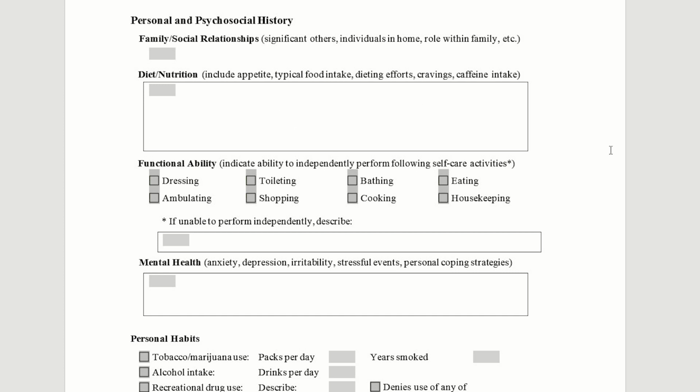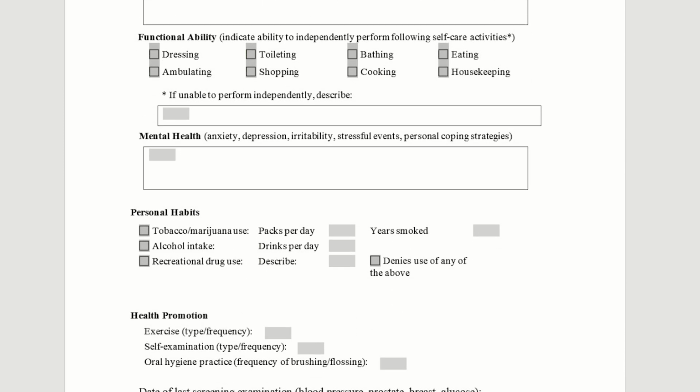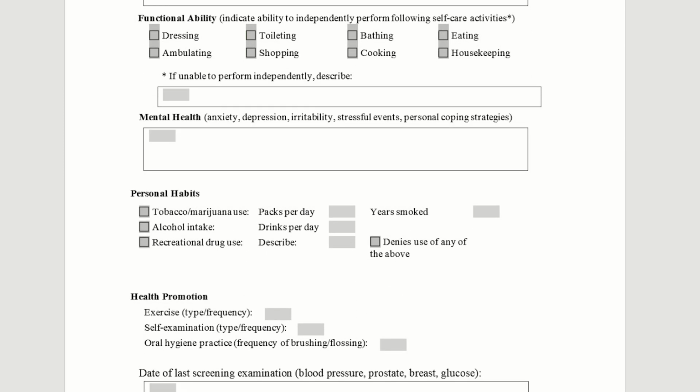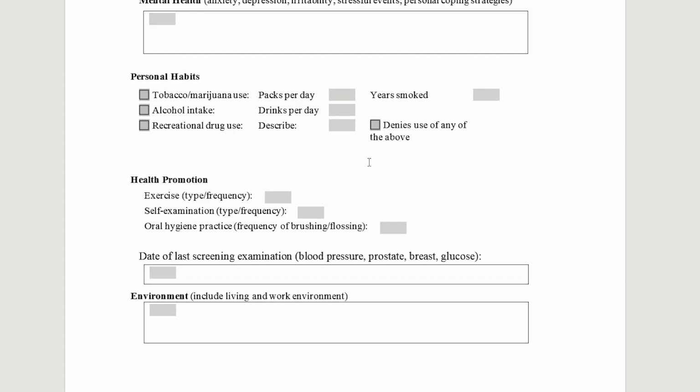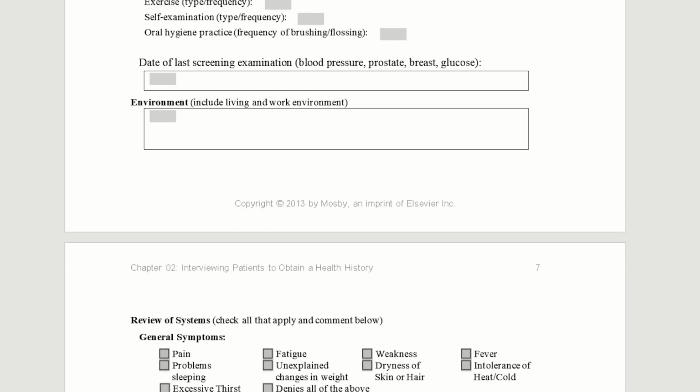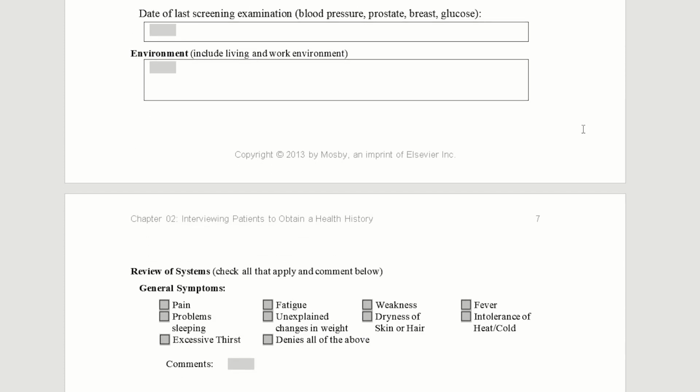Functional ability, that's very self-explanatory. Again, mental health, your book explains it very well. Do check that one out, please. This is self-explanatory again, personal habits. Even with environment, again, check your text.